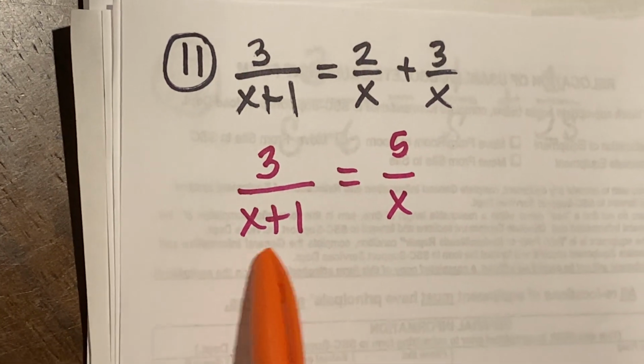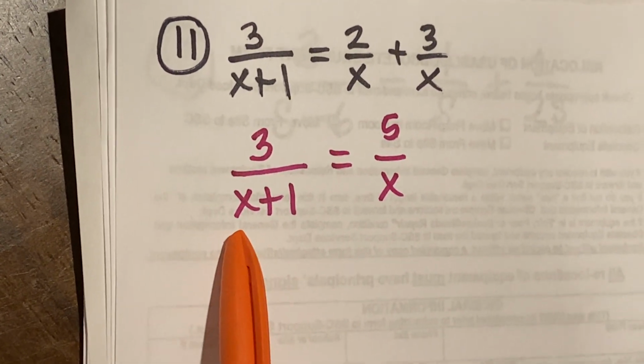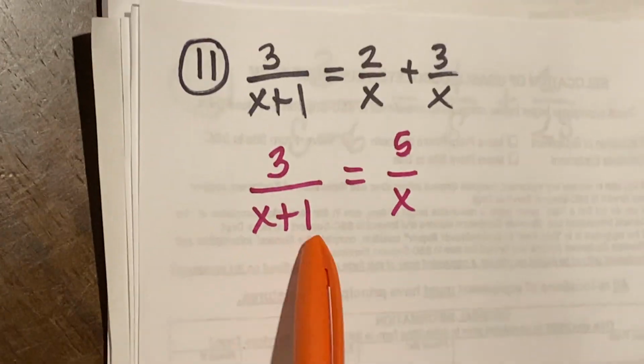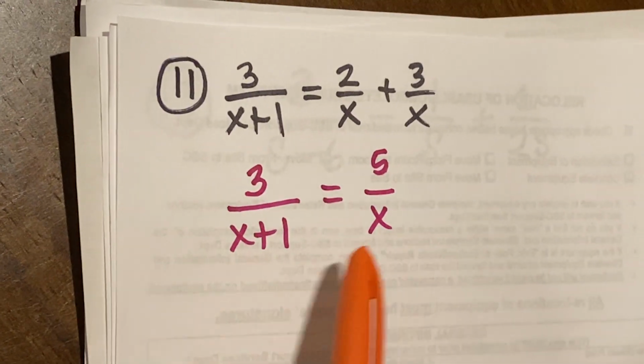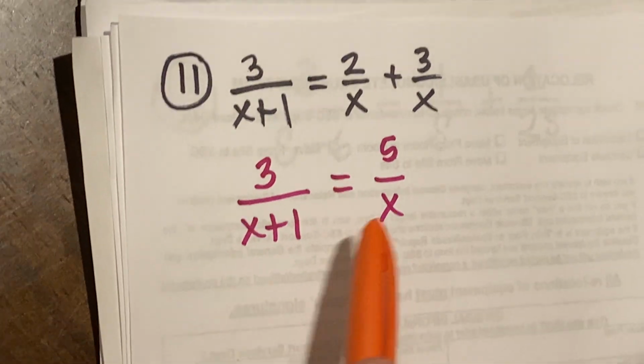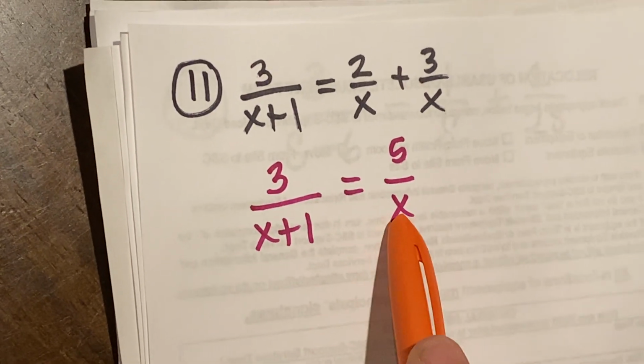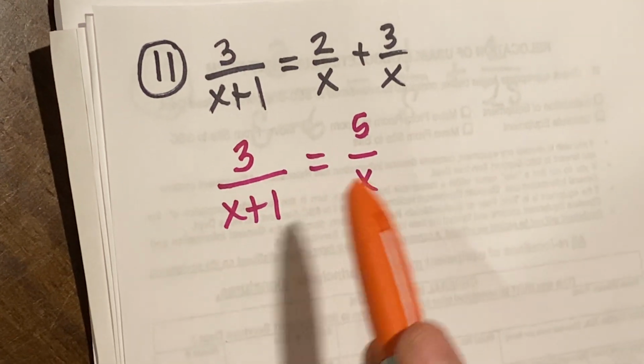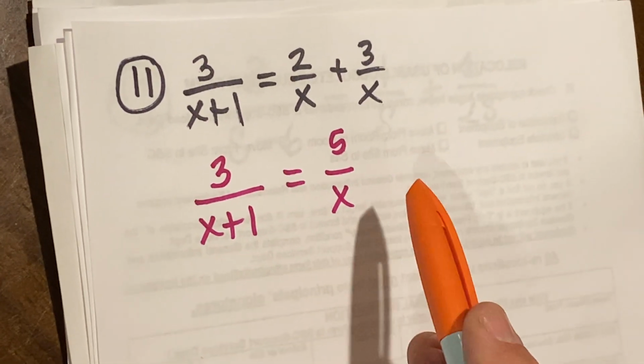Some people think that x plus 1 has an x, but it doesn't, because to have an x means it would divide into it evenly, which it doesn't. So if I did want a common denominator, it would be x times x plus 1, and I would multiply both sides by that.